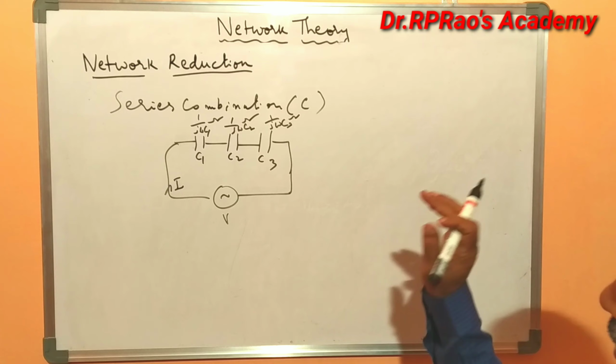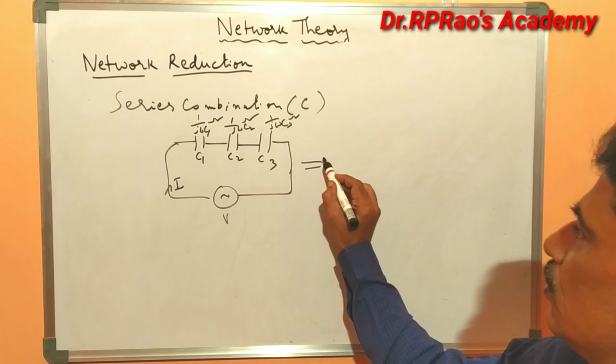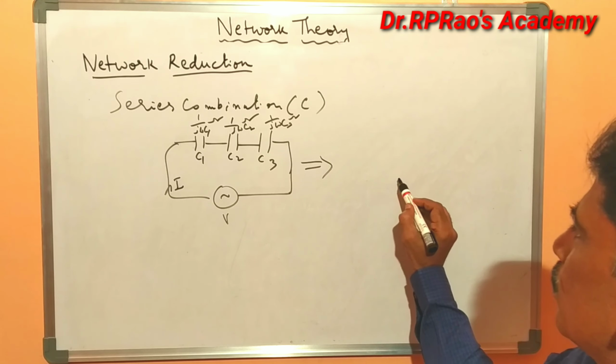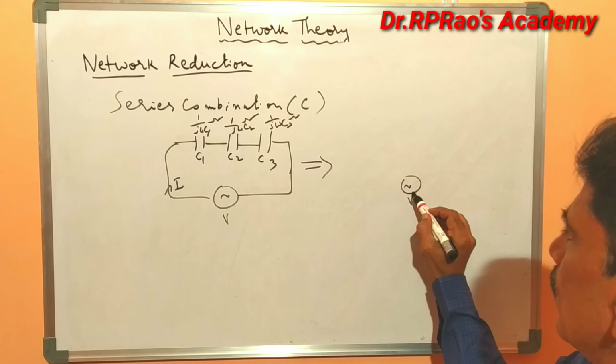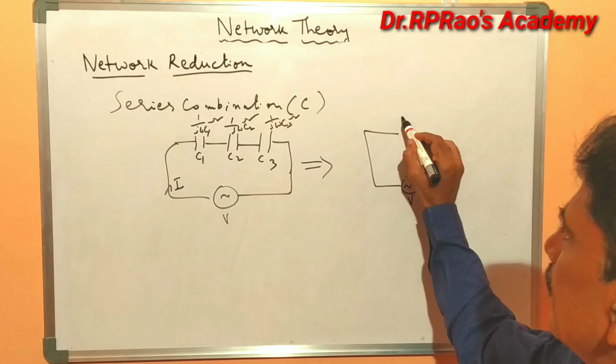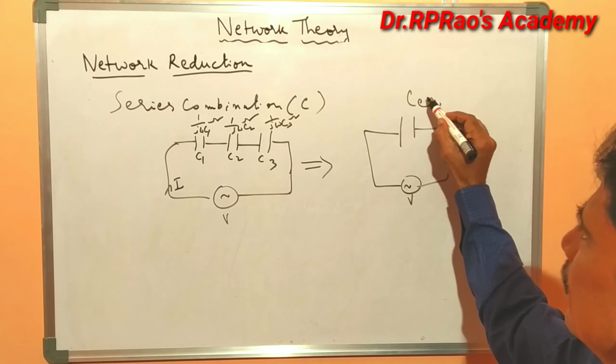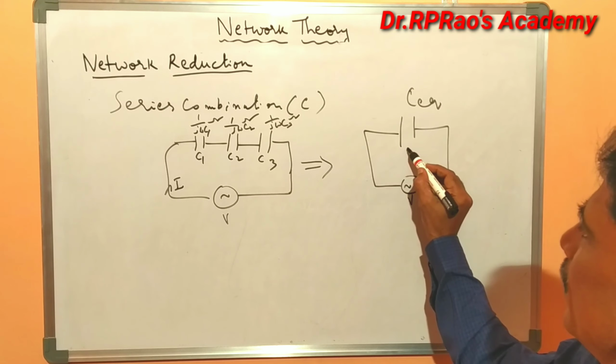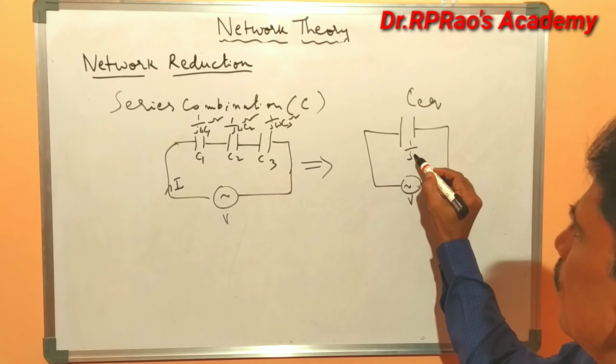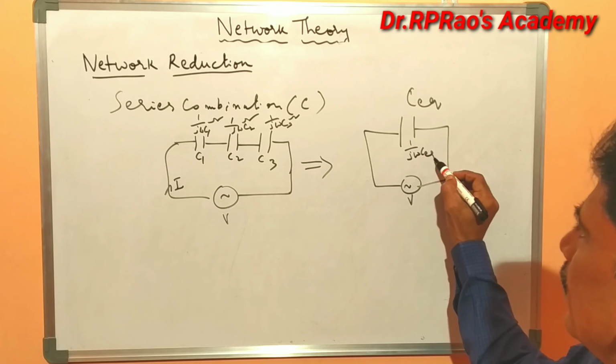Series combination, right? It should be reduced to a voltage source and across this a capacitor is connected like this. Let us write C equivalent and its impedance will be 1 by j omega C equivalent.